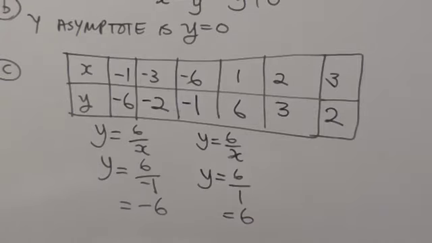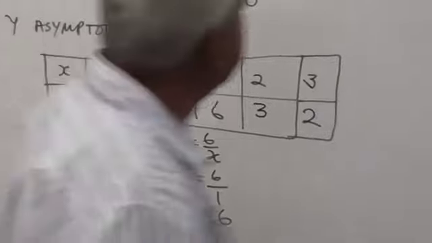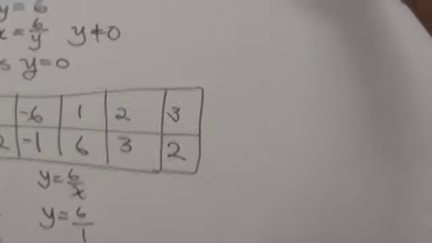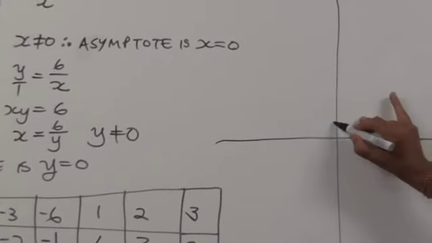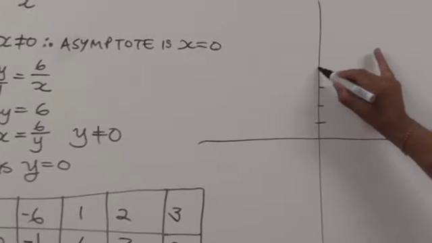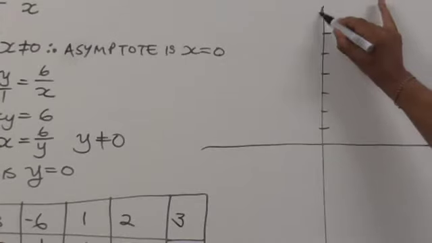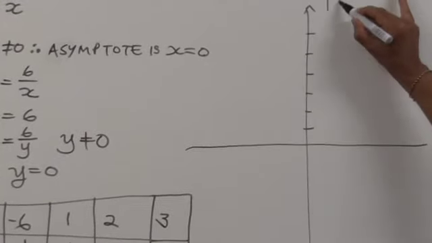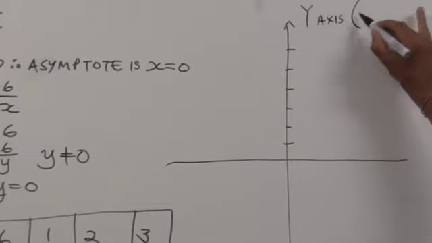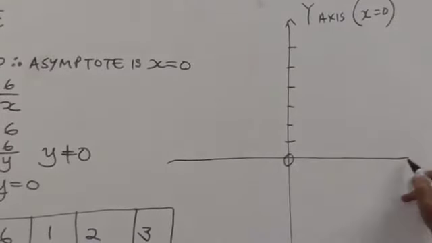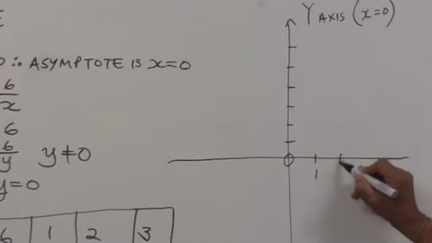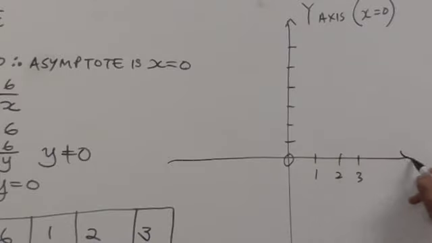Now we're going to move across and draw the graph. You need 1, 2, 3, 4, 5, 6. That's your y-axis, and it is the graph of x equal to 0. That's your origin. And here you need 1, 2, 3.